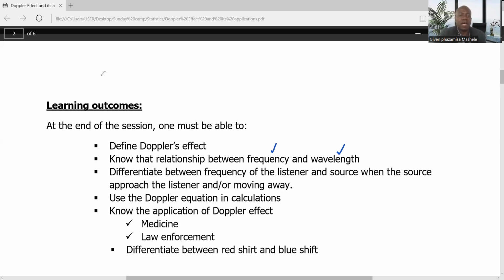Then again, let's talk about something like this. Let's say a person is standing next to the road. Since the person is standing, the speed of this person is actually 0.